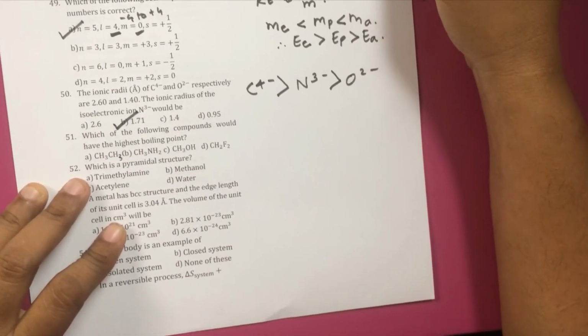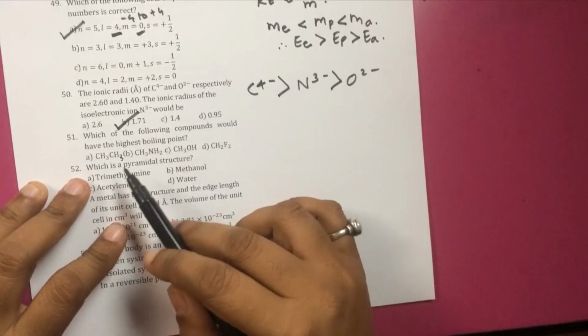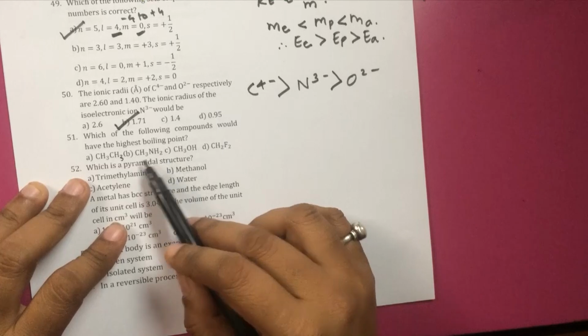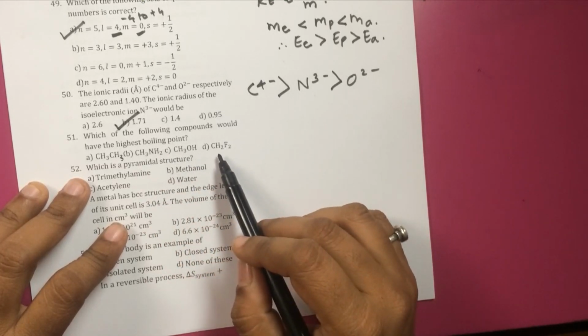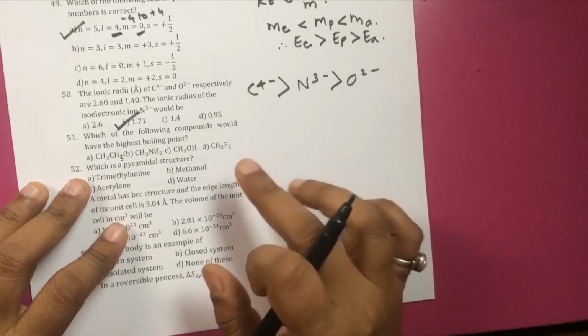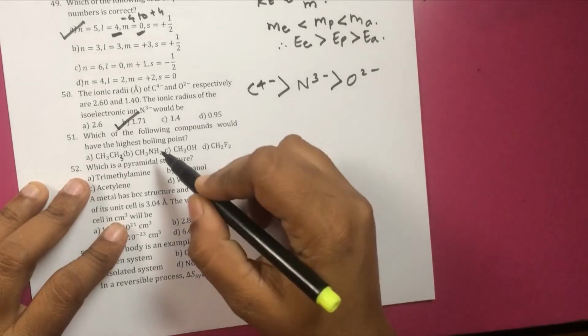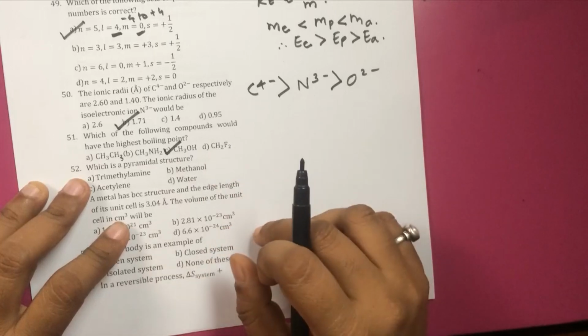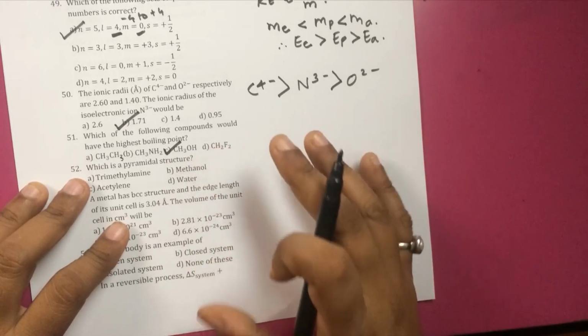Question number 51. Amongst the following, which one will have the highest boiling point? Ethane, methylamine, methyl alcohol, and difluoromethane. In this case, the highest boiling point will be for methanol, because of hydrogen bonding, and the electronegativity of oxygen is also stronger.